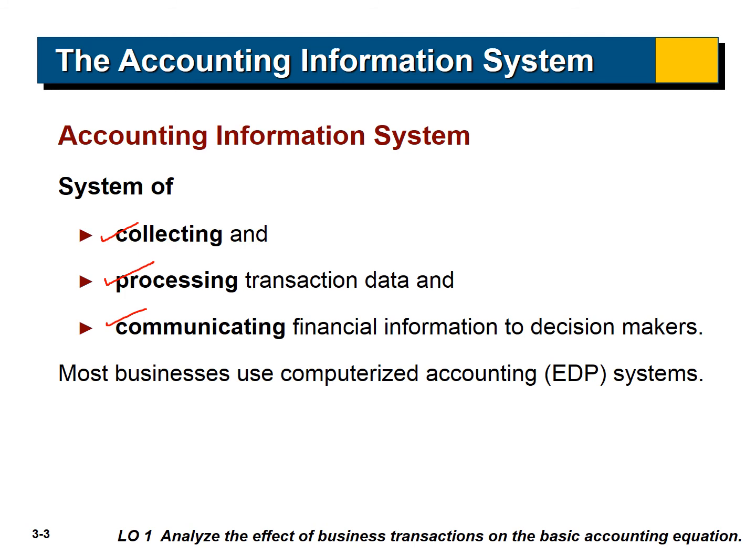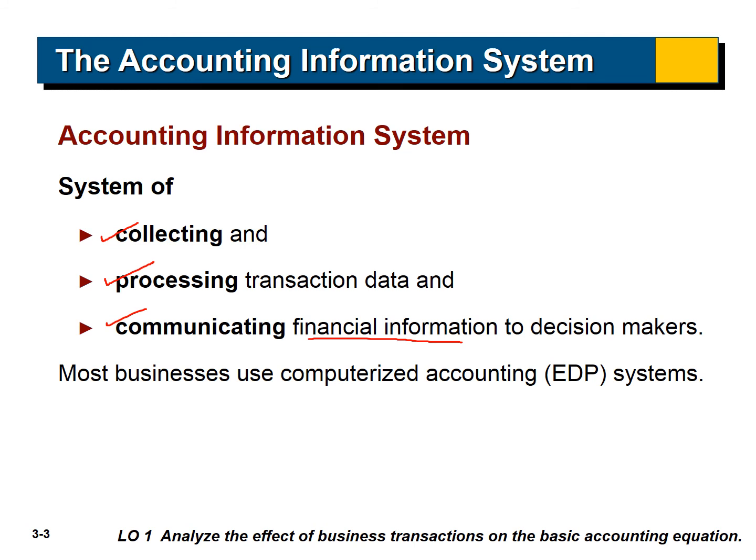So we're going to collect financial information. Financial information would include things like, how much sales did the company have? What kind of purchases did they make? How about the bills that they've paid, the money that they've borrowed? All those things are financial information.